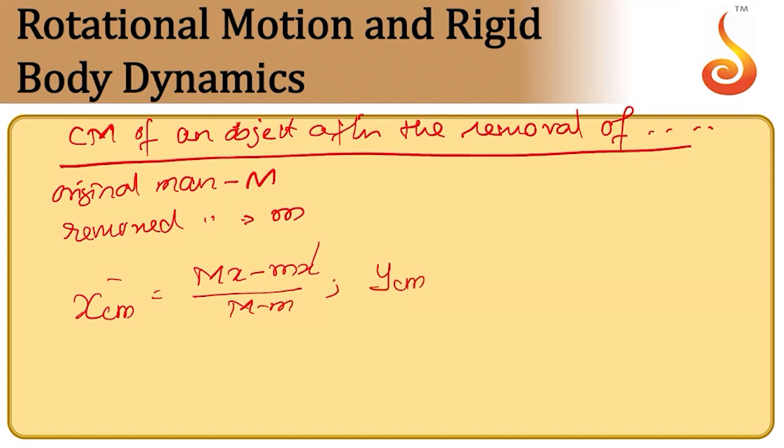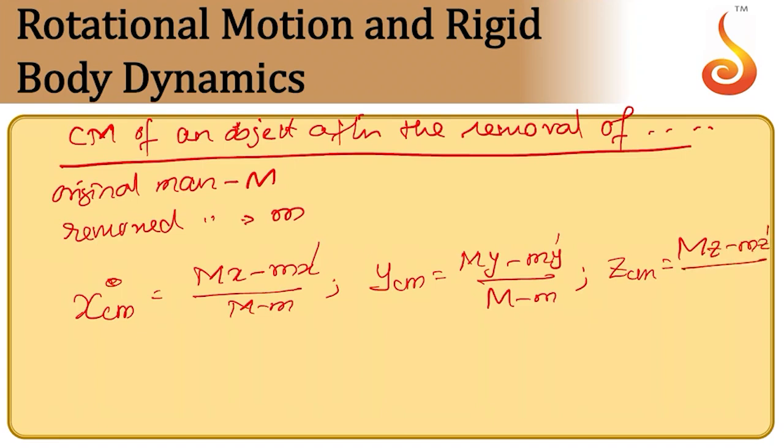Ycm is equal to My minus my dash divided by M minus m, and zcm is equal to Mz minus mz dash divided by M minus m.